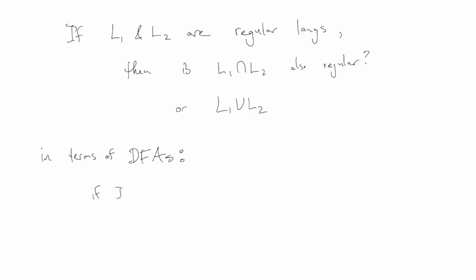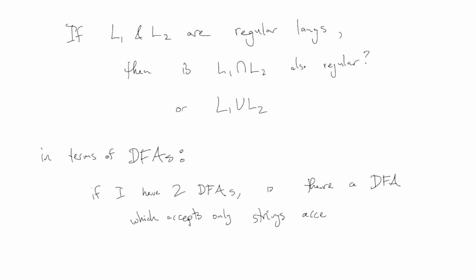If I have two DFAs, is there a DFA which accepts only strings accepted by, let's say, machine 1 and machine 2? That's the kind of thing that we are really talking about.